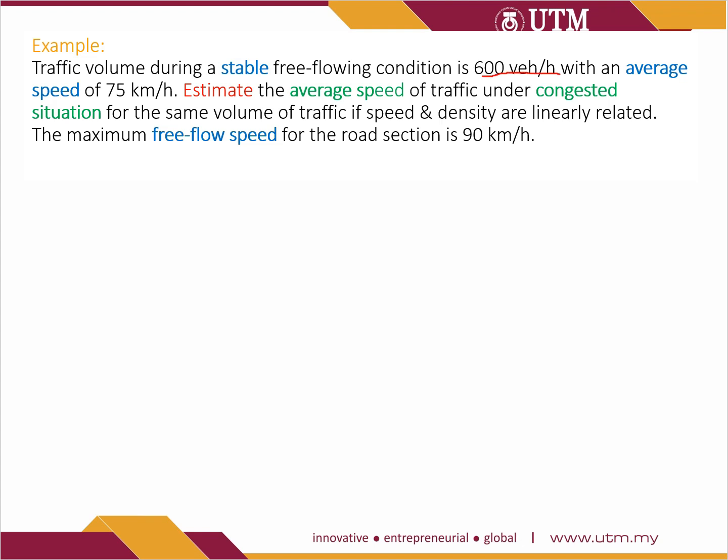Estimate the average speed of traffic under a congested situation for the same volume. Traffic speed and density are linearly related. The maximum free flow speed for the road section is 90. So now you have Q and U.